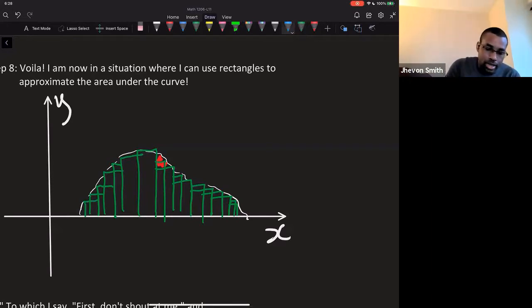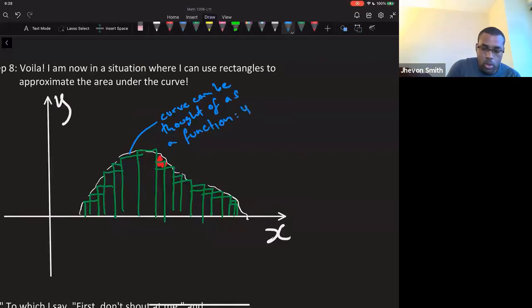And on top of that, this curve can be thought of as a function. So you know, y equals some f of x.